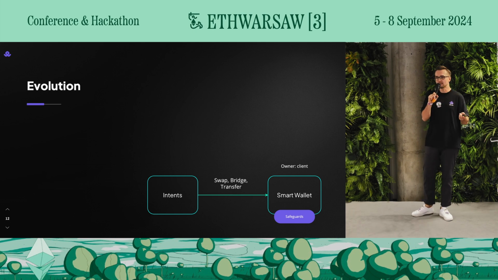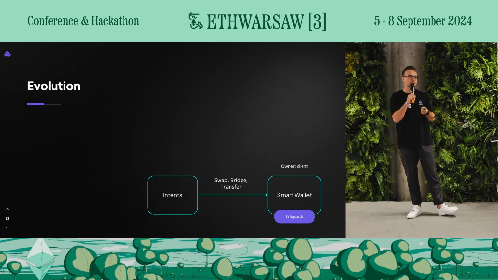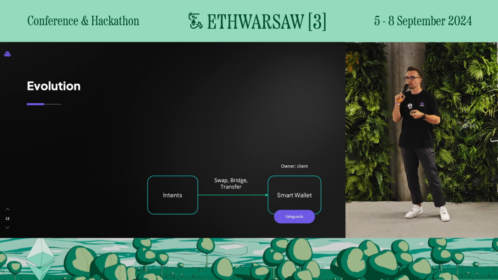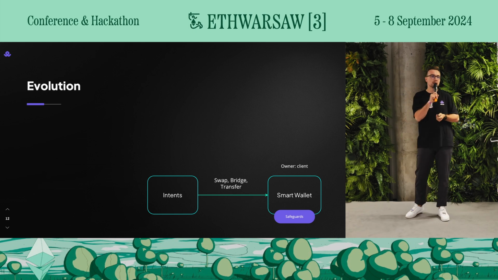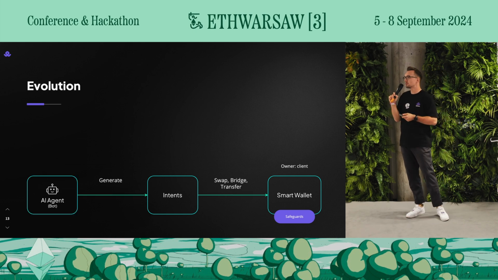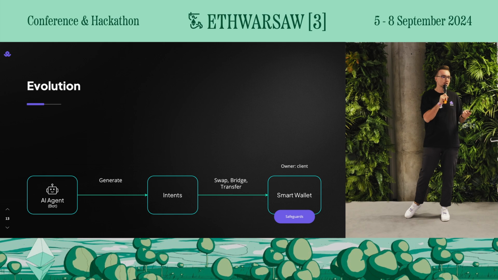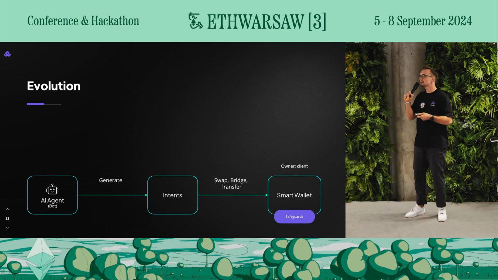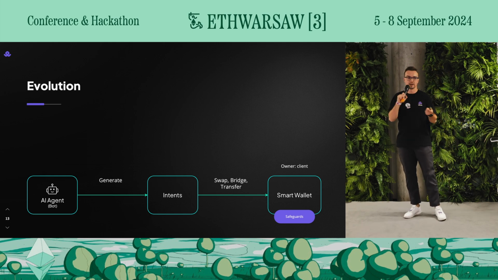So we have got intents. Intents are created and executed by solvers on the smart account, the smart wallet that we deploy for our customers. The last part here is we're replacing relayers with an AI agent. So we're going to have AI agents generate those intents based on the prompt that the user gives.